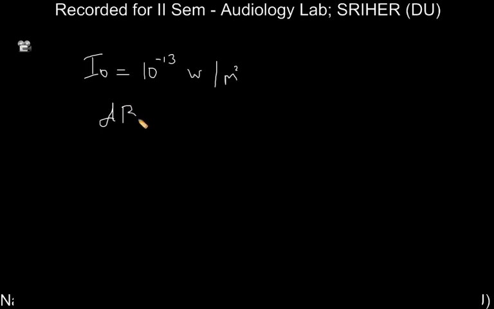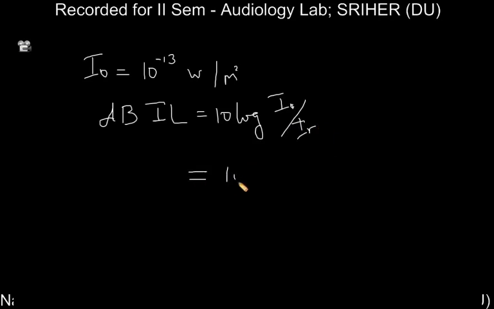So decibel intensity level is equal to 10 log I0 by IR. Now substituting the values known to us, 10 log 10 to the power minus 13 divided by 10 to the power minus 12. That is the reference value. 10 to the power minus 12 is the reference value.